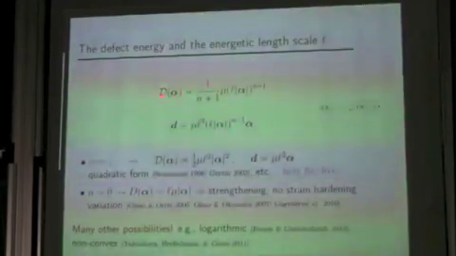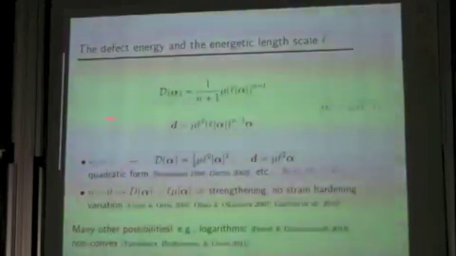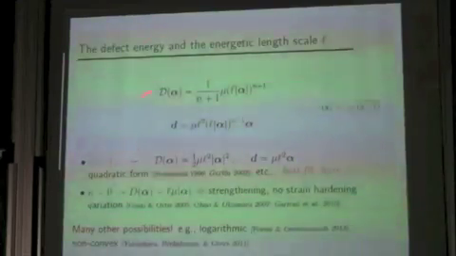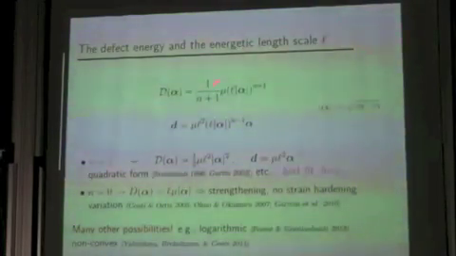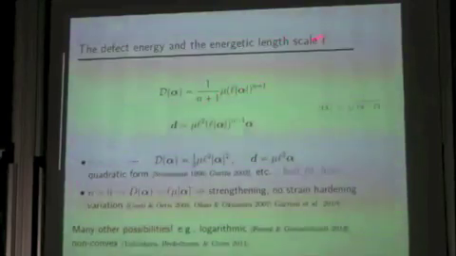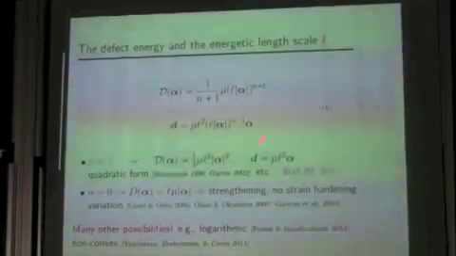So, constitutive choice for the defect energy, I chose this power law. First of all, when you define the defect energy, for dimensional consistency you have to introduce this length scale, at least one. You can do more, but we just used one, and this red L I'm going to call the energetic length scale.